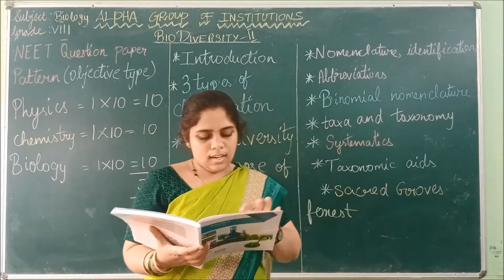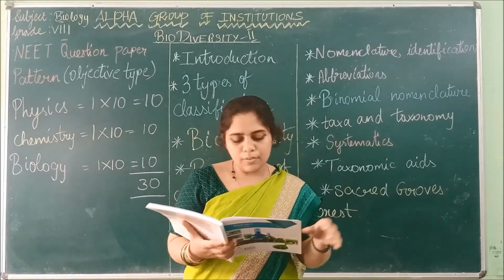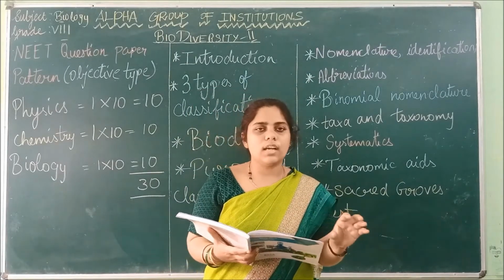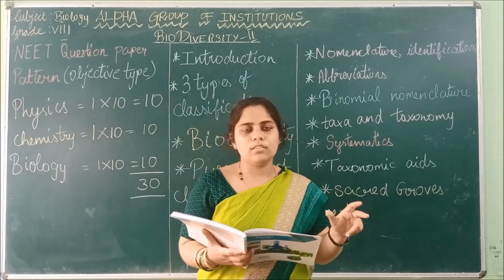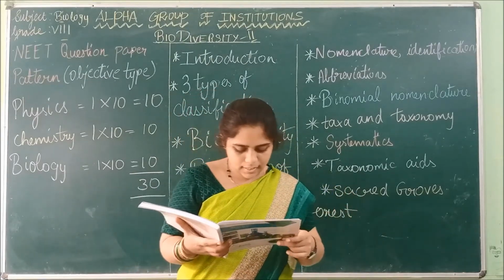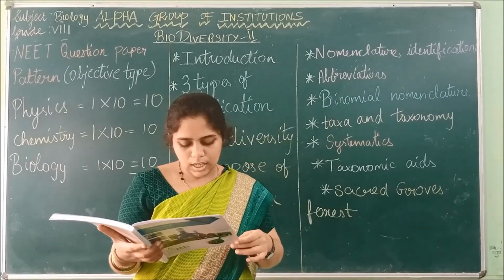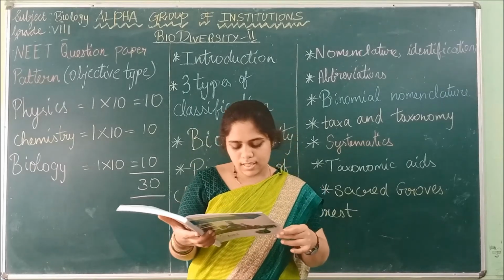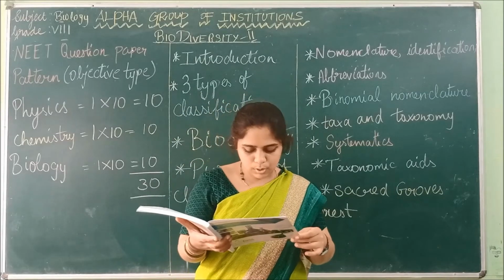And next is under the classification of living organisms, the first paragraph, who are the persons who made early attempts on classification? Those 3 people, Aristotle, Theophrastus and Pliny the Elder. So you should learn that. And next is under disadvantage of artificial classification, the last sentence of it: as a result different types of organisms were grouped together.